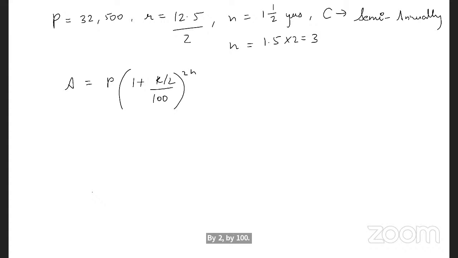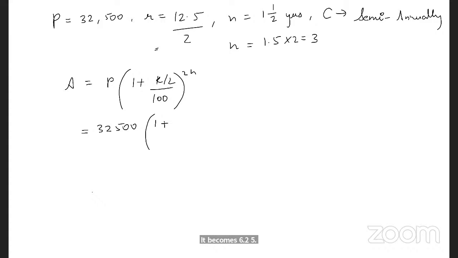Amount we don't know, principal we know, 32,500. 1 plus, now 12.5 divided by half, it becomes 6.25.